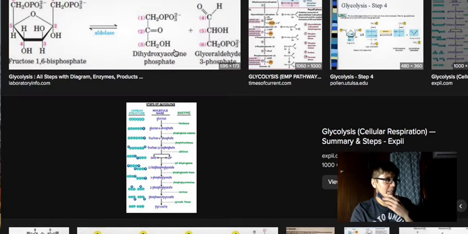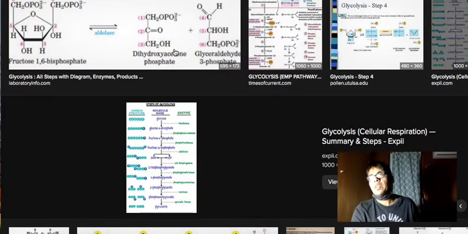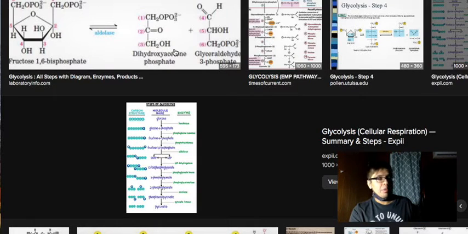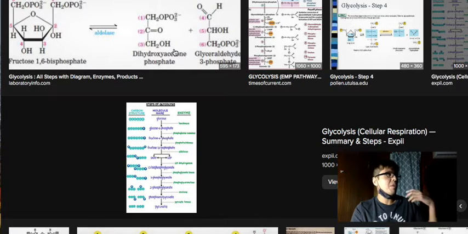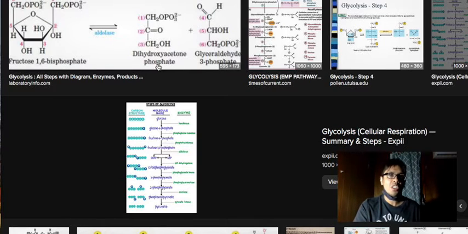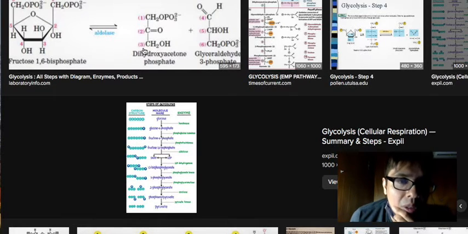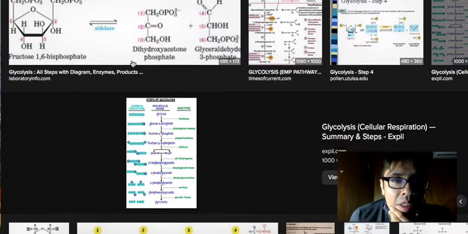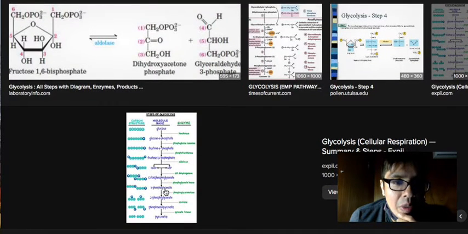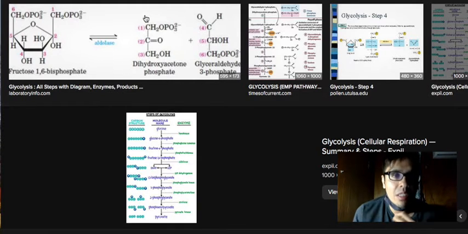We'll talk about that later. Whether pyruvate in the presence of oxygen becomes lactic acid, or whether the end product is alcohol via fermentation, those are going to be important. But for now, we just need to know that we need 2 pyruvate in order to continue the production of ATP. So that's why this happens.